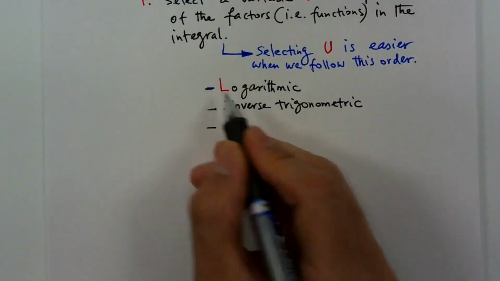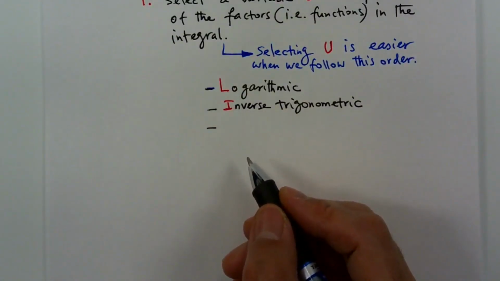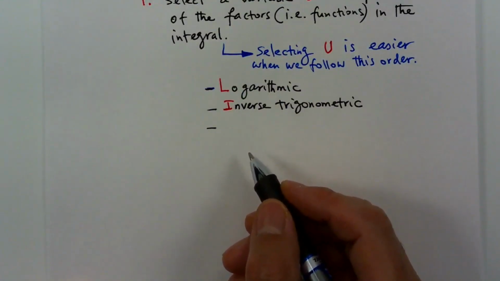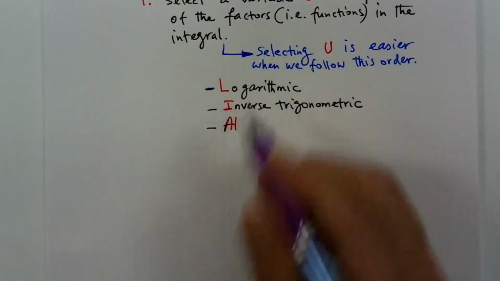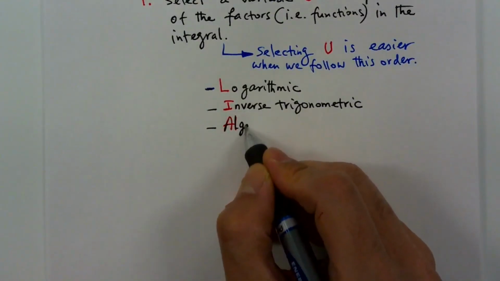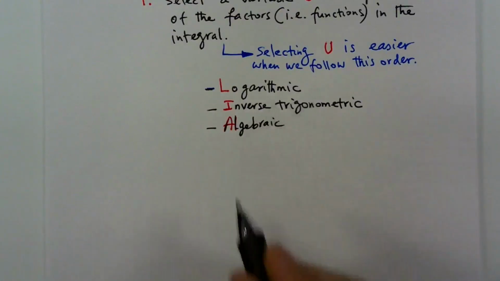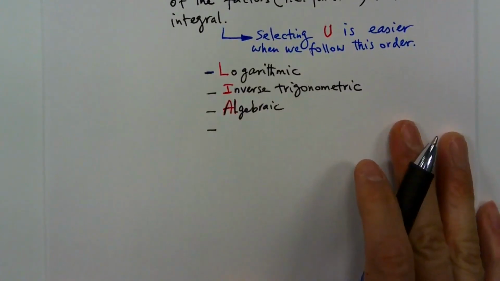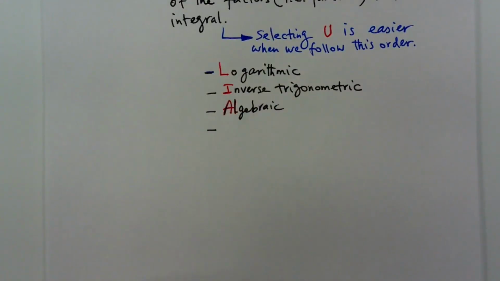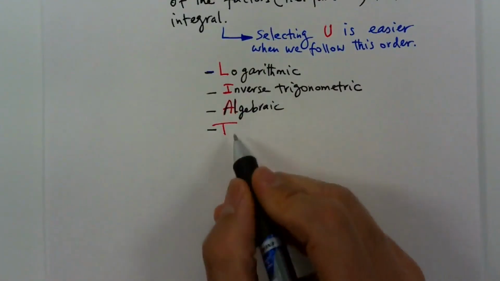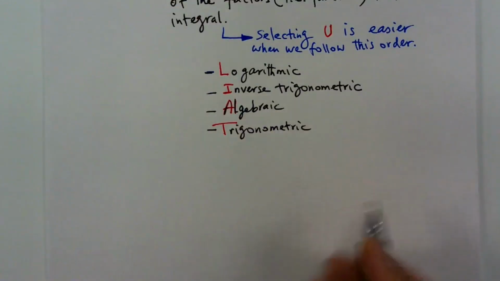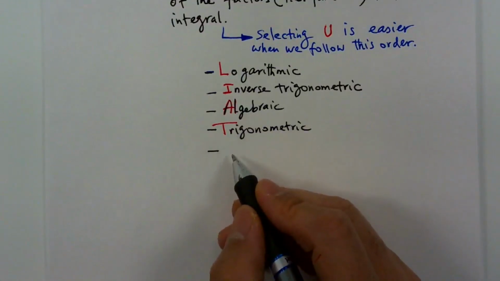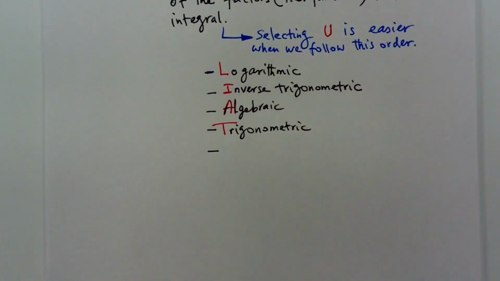The third on the list is an algebraic function. The fourth is trigonometric. And the last one in the order of priority to be taken as u would be the exponential function.